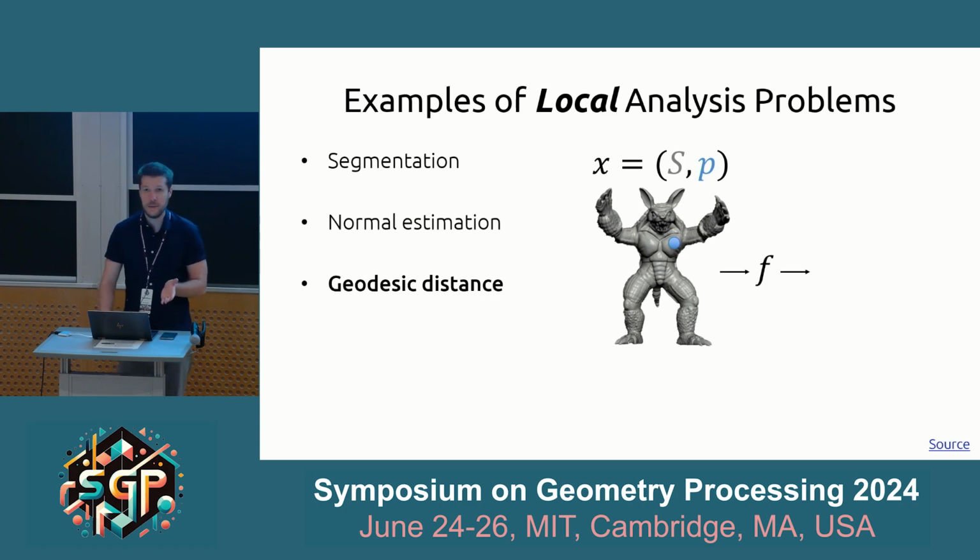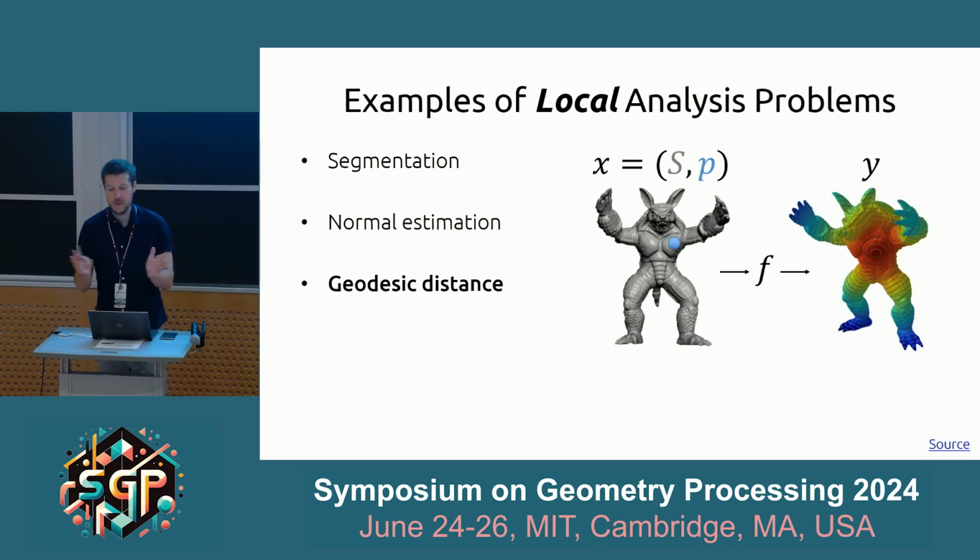And what I would like my neural network, my function, to do is to produce this field of distances across the surface, which basically tell me how far away is this point from the original point: the distance of the shortest path I can travel to get there. How long is that path?